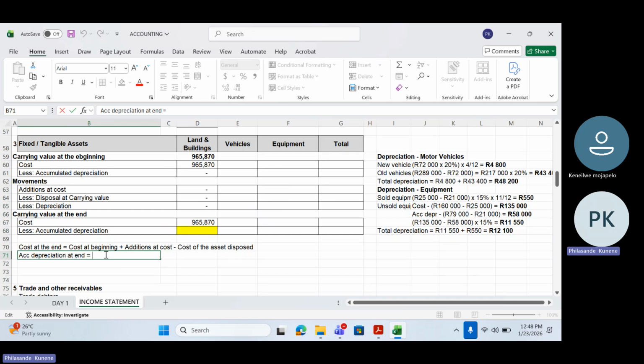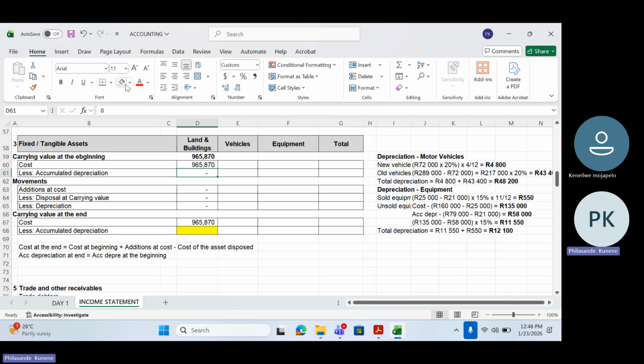Accumulated at the end, how you calculate it is equal to accumulated depreciation at the beginning. Okay? Let me just say minus first, because our starting point is this. Accumulated depreciation at the end.